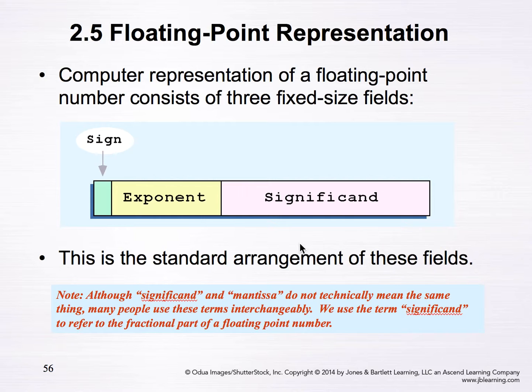We should also note that significand and mantissa do not technically mean the same thing. Many people use them interchangeably, but we use the term significand to refer to the fractional part of the floating point number that we will represent in this video and in this course.